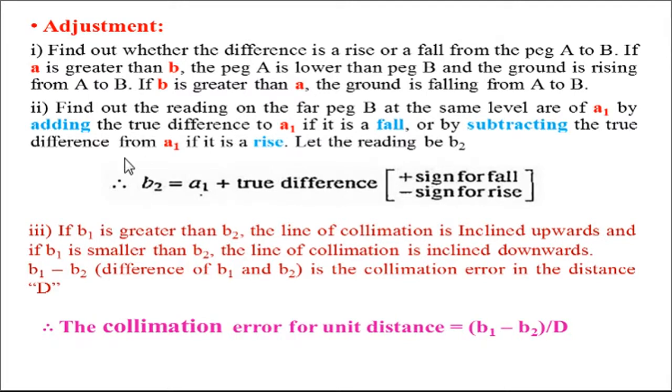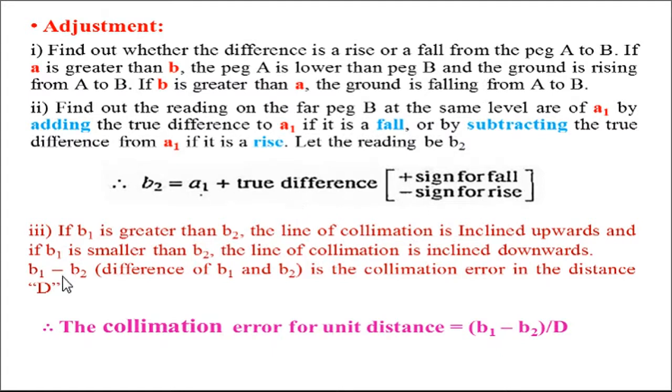Let that reading be B2. So B2 is equal to A1 plus the true difference, with a plus sign if there is a fall and a minus sign if there is a rise.